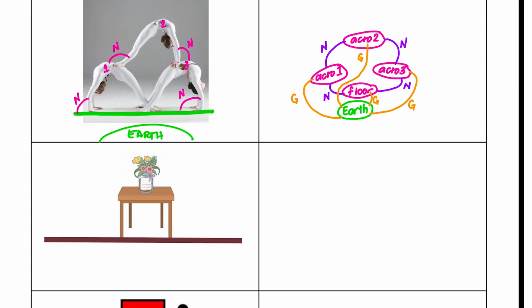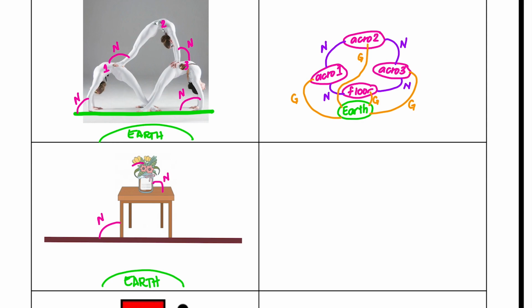Now with the flower vases, don't forget to draw on the Earth. We've got some interactions here. We've got the floor and the table, and there's a normal force between them. The vase, or the mason jar, with the table, there's a normal force.